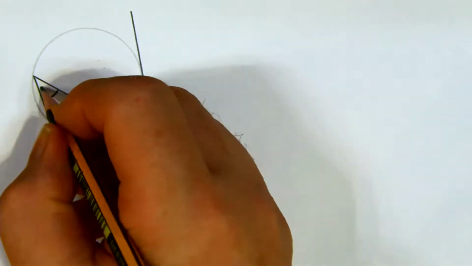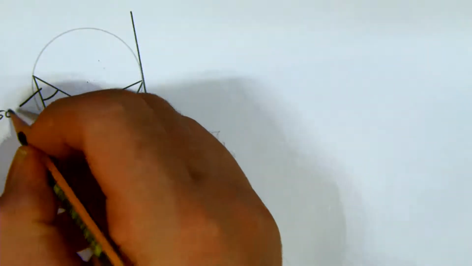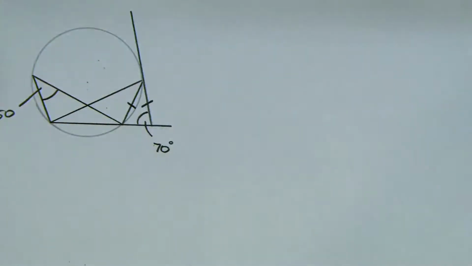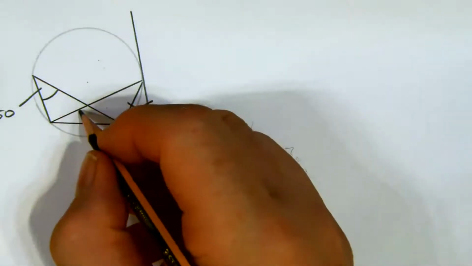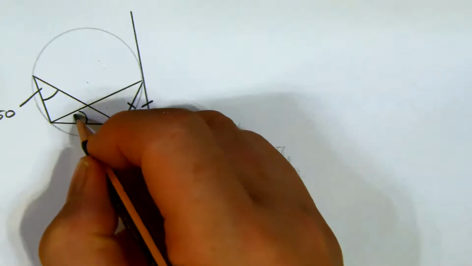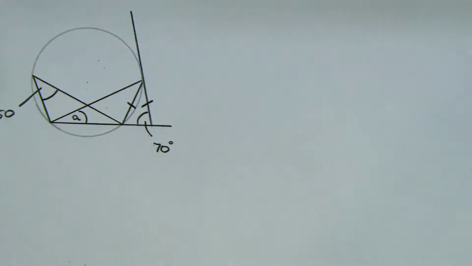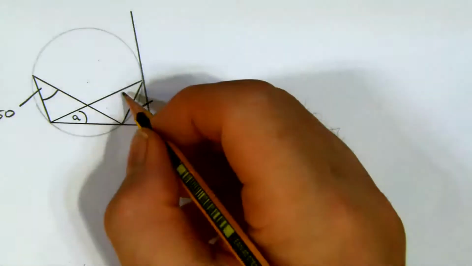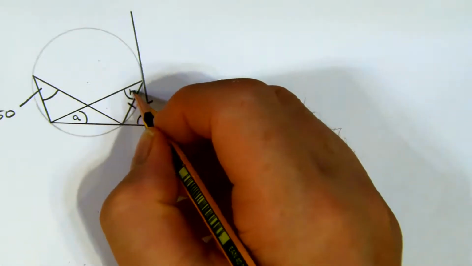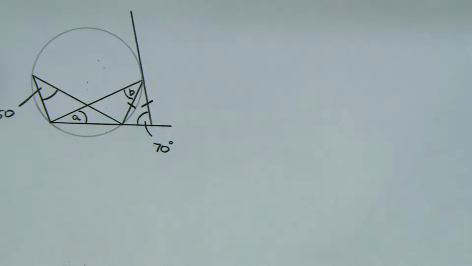And we'll say that this is going to be 50 degrees. What have I got to find? Well, let's find this angle, A, and let's see if we can find another angle. Let's do this one here, B.